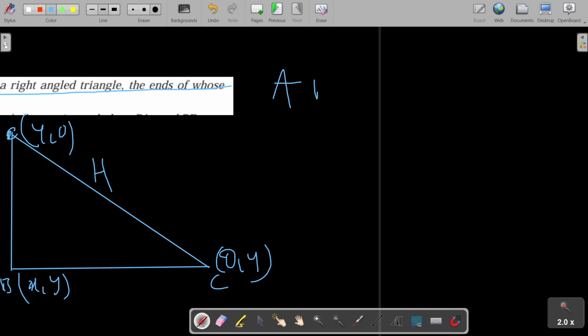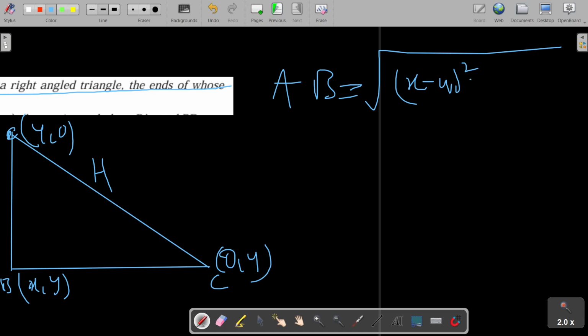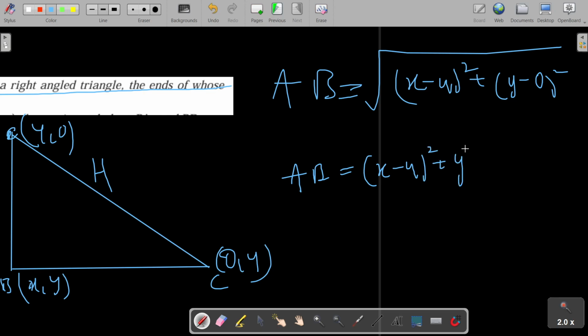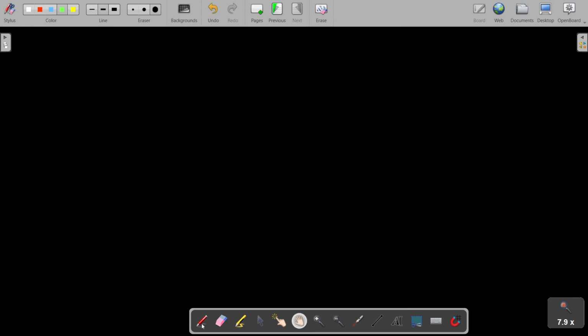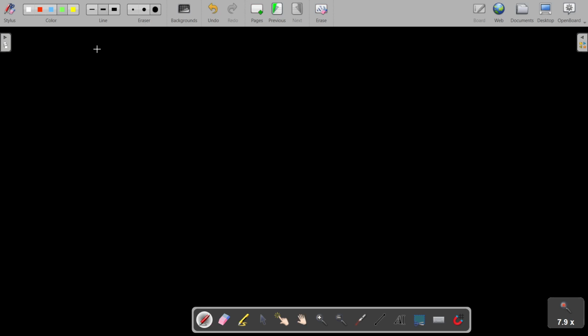AB is the distance between these two points. So it is the square root of (x minus 4) whole squared plus (y minus 0) whole squared. If I square AB, I get (x minus 4) whole squared plus y squared. And C is the point 0 comma 4.